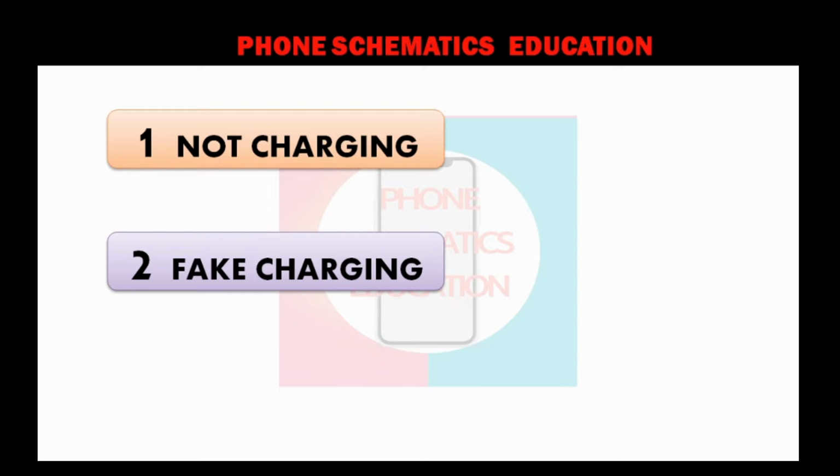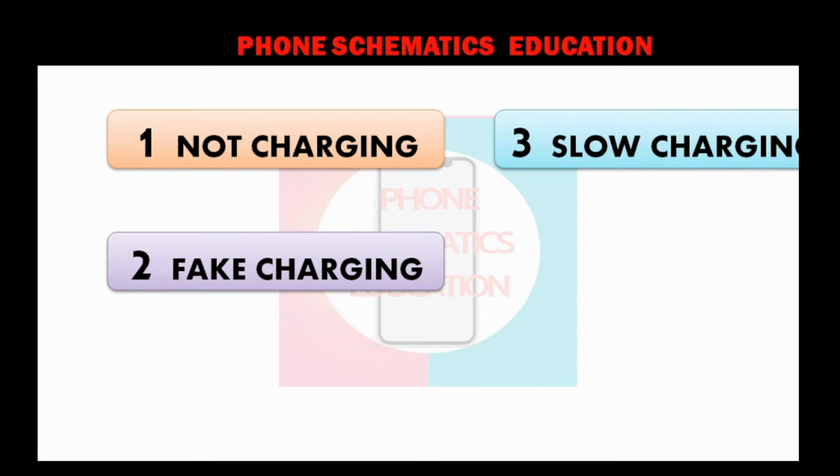It means the charger is connected, and the symbol will show on your display, right? Charging connectivity, but it does not store the battery. Now third, slow charging. In this fault, when you connect the charger, you hear the charger connected noise and see the charging symbol, plus it takes some ampere or low ampere.